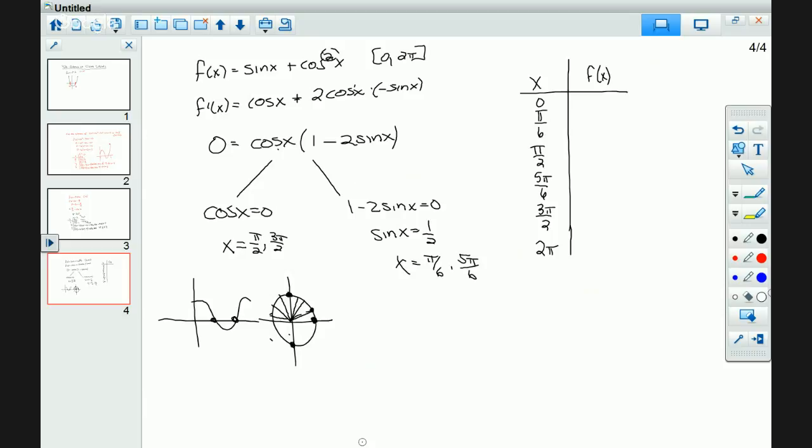And then, cosine is 0 again at the x value 0, that's 3 pi over 2. And then look where sine, the y value, is 1/2. That's 5 pi over 6.